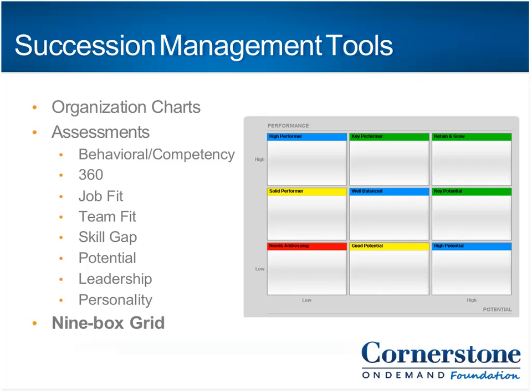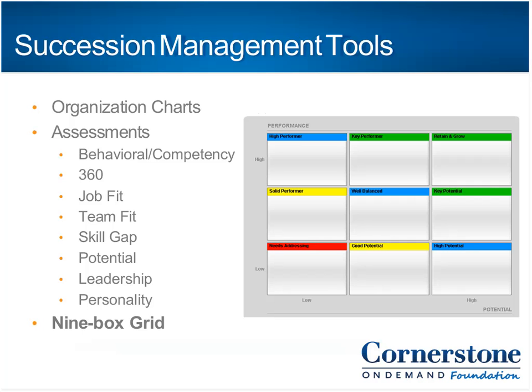Next, we also have a 9-box grid. 9-box grids are very popular, and this is where you can use it to plot successors or positions to see where they're at. A 9-box grid is a matrix tool that is used to evaluate and plot a company's talent pool based on 2 factors, which most commonly are performance and potential.